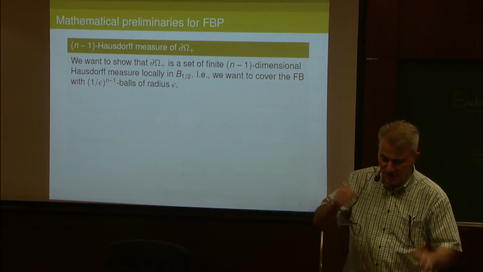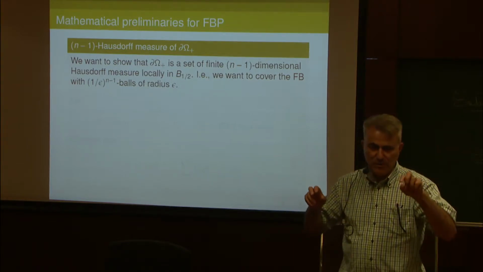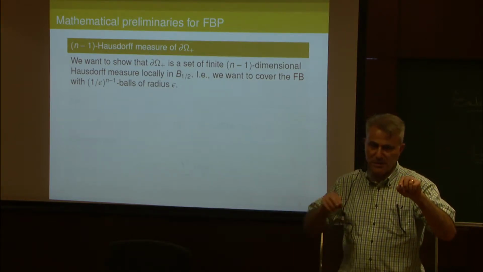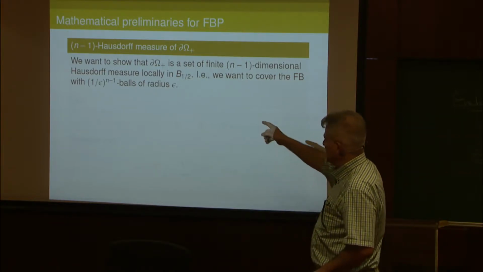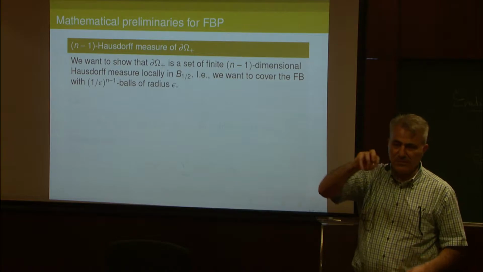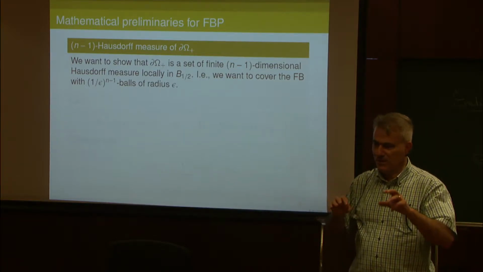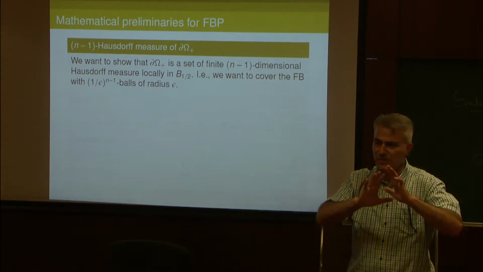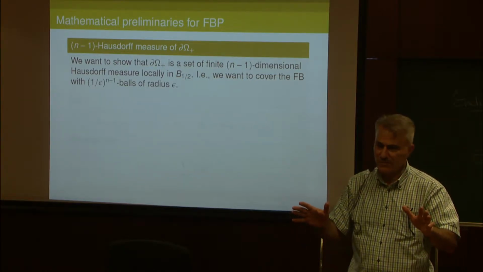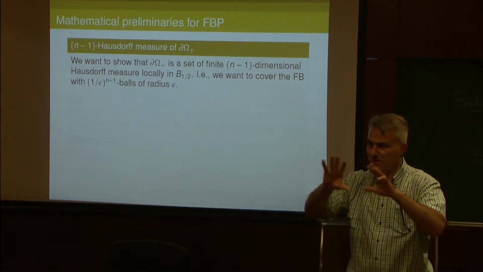The boundary is a very nasty set, and at each point x you put a ball of radius epsilon. Since you're putting a ball at every point, you're covering the free boundary completely.